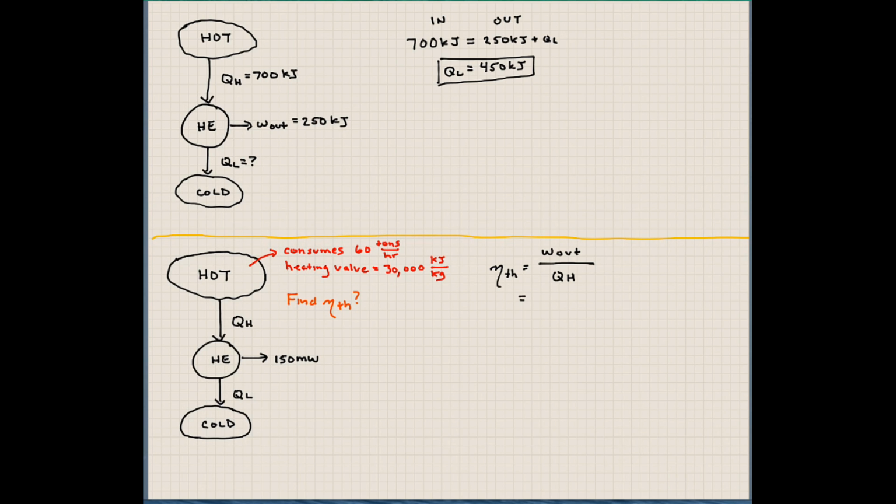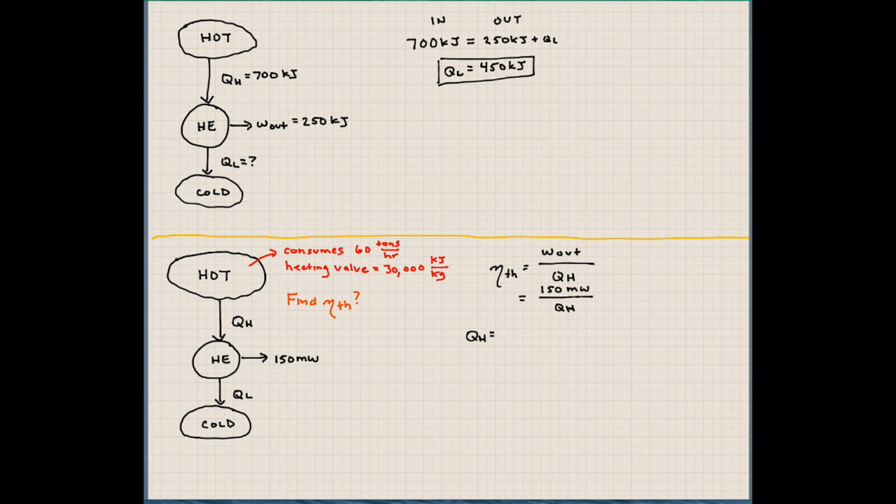So the work output is going to be 150 megawatts divided by QH. So we need to find QH in order to be able to solve this problem. Well, QH here is going to be found using this consumption of fuel by our system.